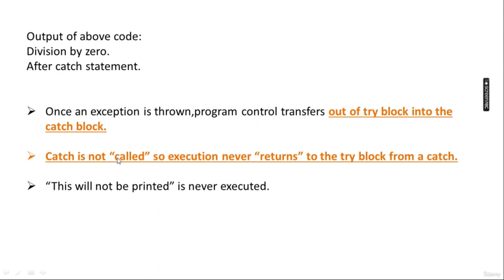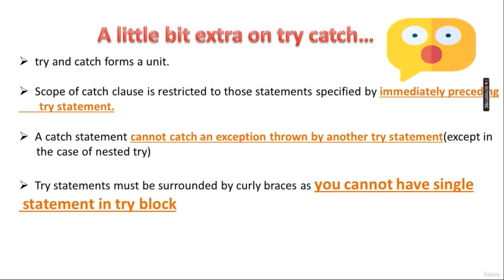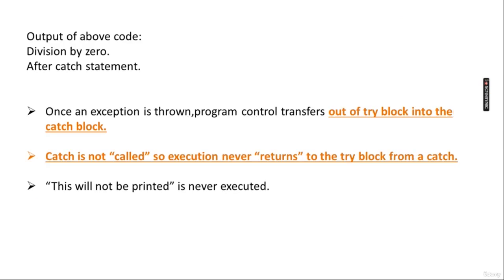After that method finishes execution, the control returns to the statement after the calling statement. But in this case catch is not called; control is automatically given because an error has occurred. So execution will never return to the try block from a catch block. This statement will not be printed and is never executed.